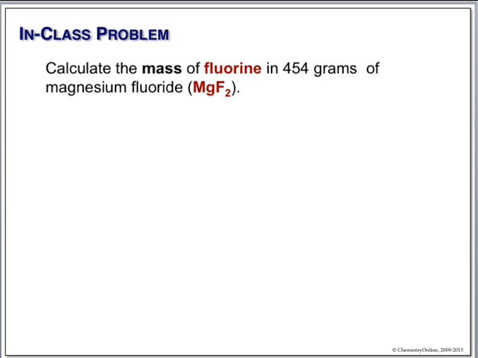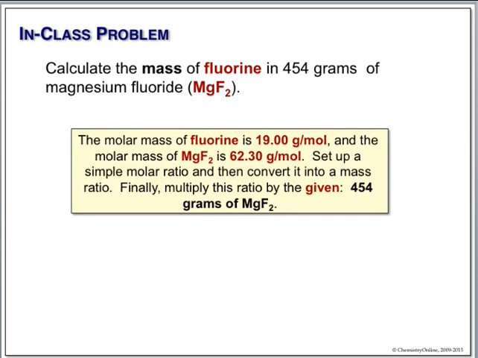Basically, we have to know how many moles this represents. We know that every mole of magnesium fluoride is going to have 2 fluorines. So our logic, again from our periodic table, every fluorine is 19 grams. We add up magnesium fluoride at 62 grams.